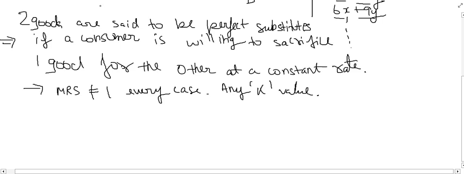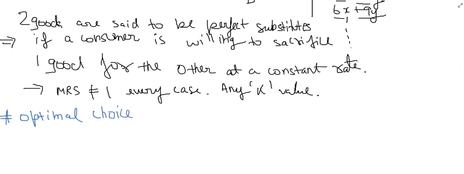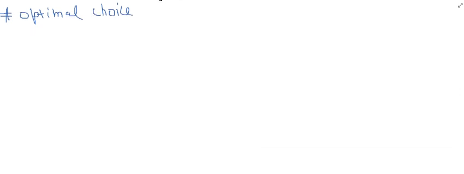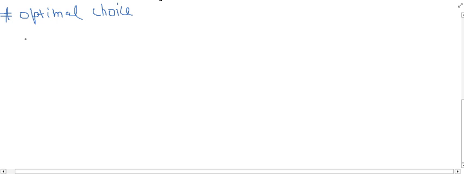All right. Now let's move to the optimal choice problem for perfect substitutes. Optimal choice for a consumer in two-good space, x and y. In perfect substitutes, this is a different kind of utility function where we have three cases. So let's write down case one, where our MRS is greater than the price ratio.